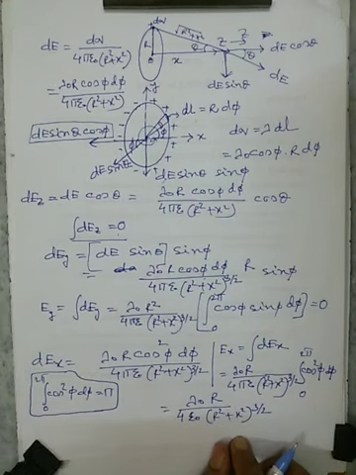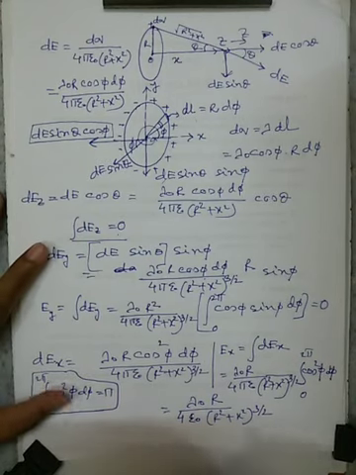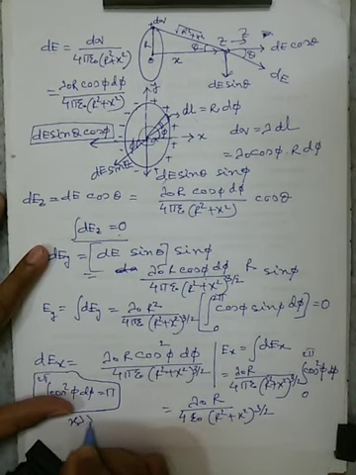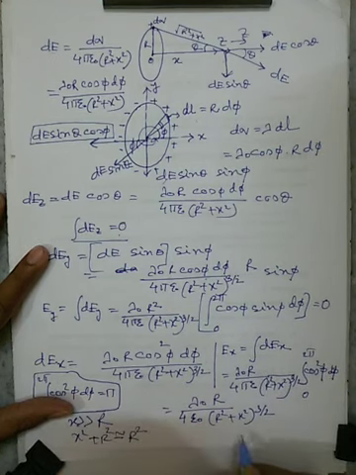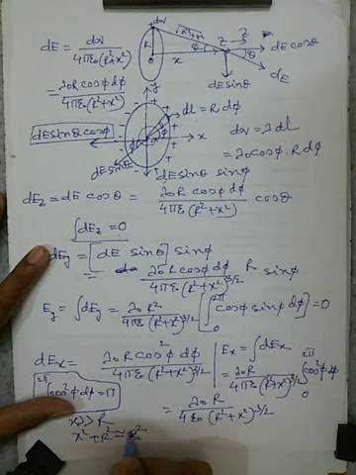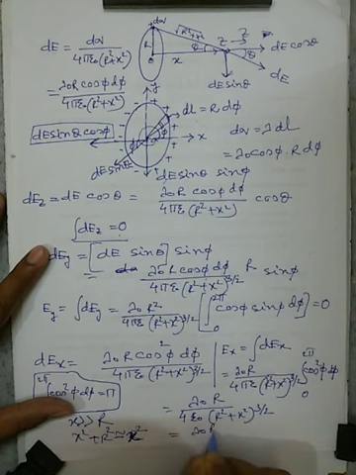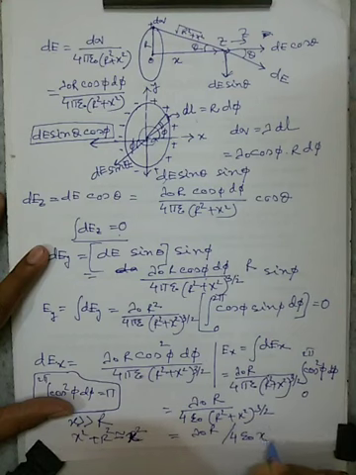This is the value of the electric field. If x is very much greater than r, then x square plus r square is nearly equal to x square, and the answer will be lambda naught r divided by 4 epsilon naught x cube.